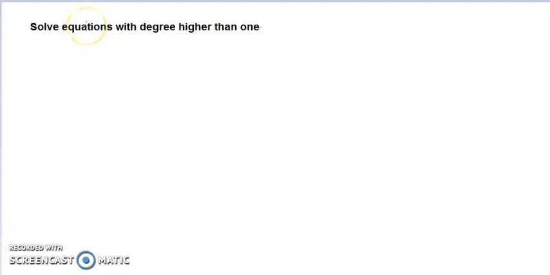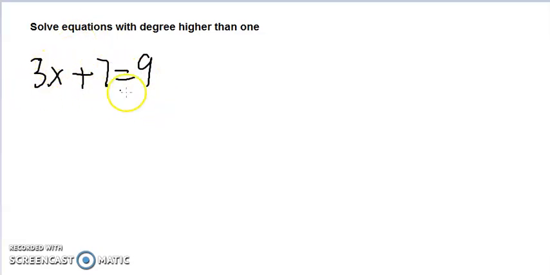Solve equations with degree higher than 1. Previously, we learned to solve equations that look like this, say 3x plus 7 equals 9. They could be complicated with parentheses, and x could be on the left side or the right side of the equation.